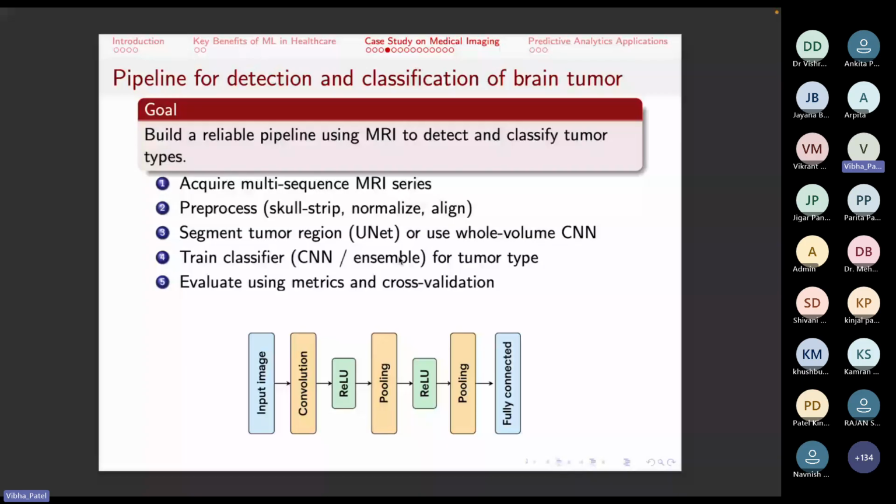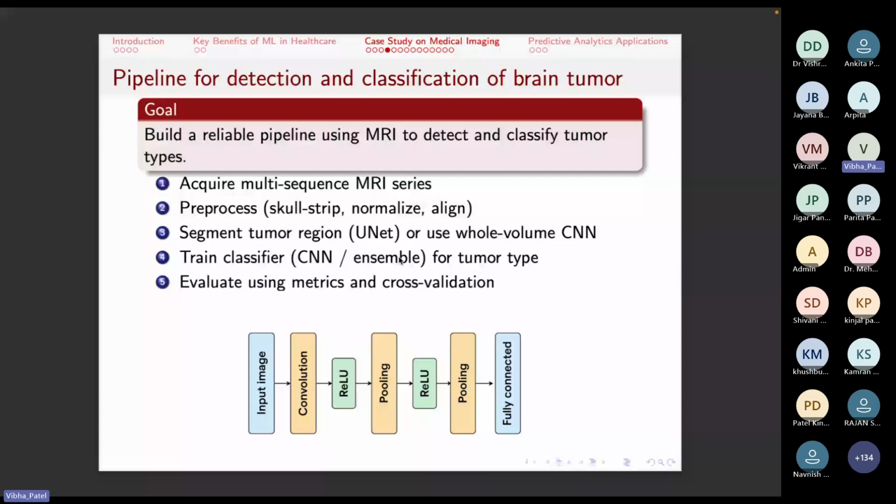Proceeding ahead, after retrieving this information, you will pre-process the data so that you can provide it as an input to the model, which in turn requires scaling, normalization, alignment, and so on, so that the size fits the input requirement of a network.